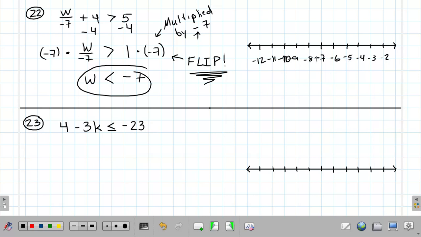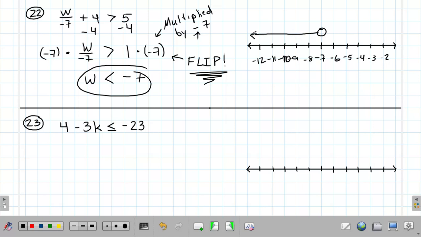But in this case, the more negative the number, the smaller it is. So that's why you see it goes 7, 8, 9, 10, 11, 12 in the opposite direction, because all these are negative, okay? But in this case, we're going to have an open circle at -7, and we want numbers that are less than -7, so our arrow is going to go to the left.